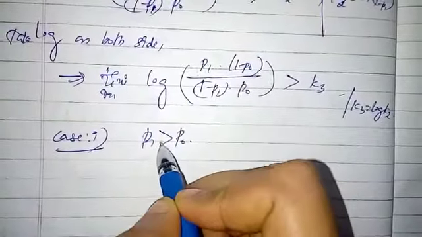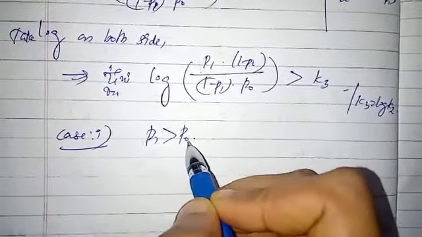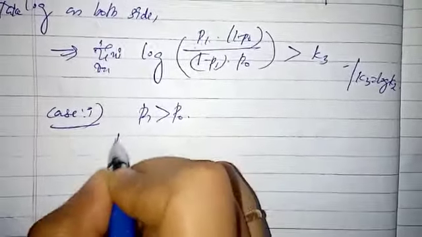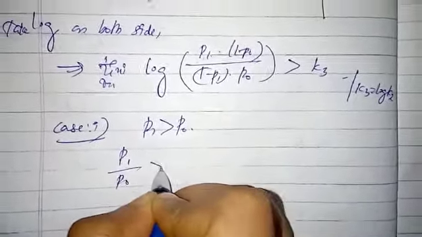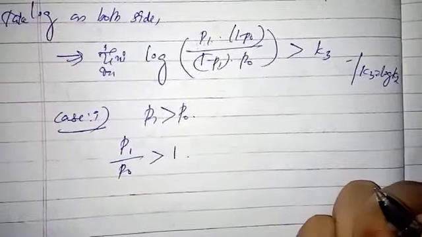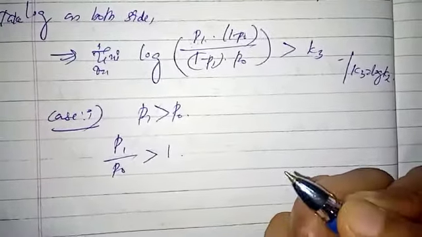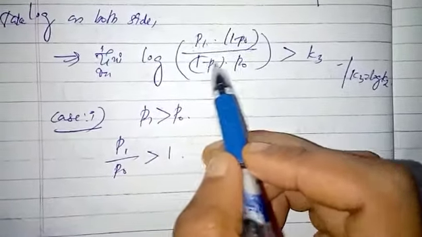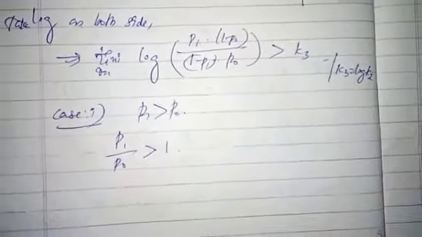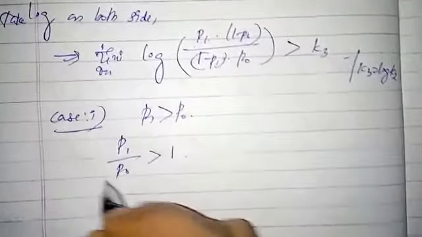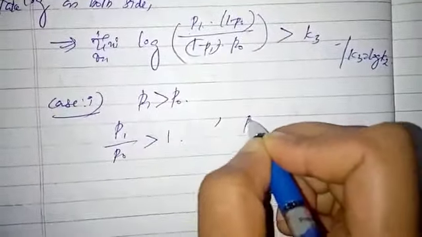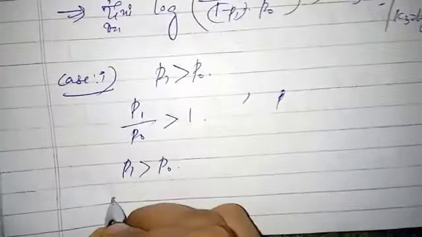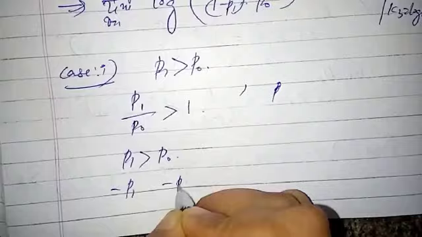So here we know that in the first case p1 is greater than p naught, right? Then p1 divided by p naught is greater than 1, right? And also we want to know whether 1 minus p naught divided by 1 minus p1 is greater than 1 or less than 1. Here it's given that p1 is greater than p naught. Then what is minus p1 and minus p naught?